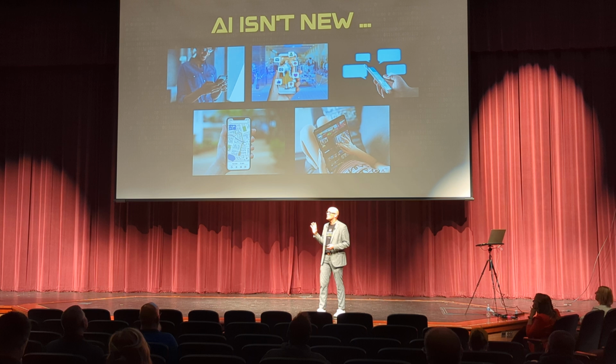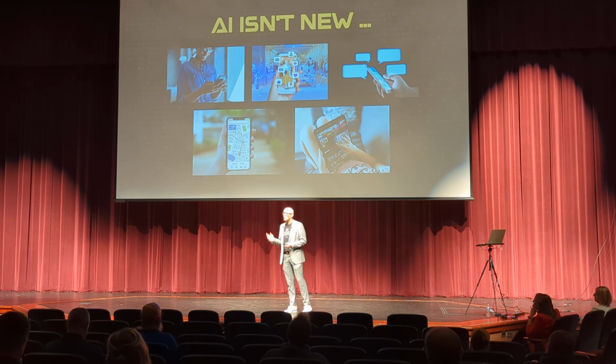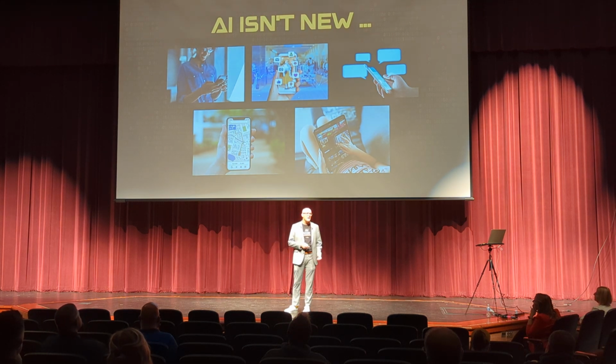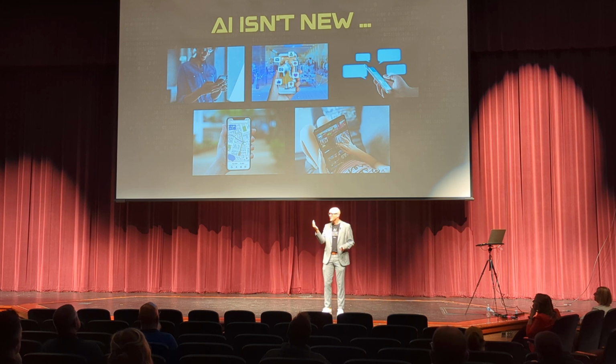But it's also in the recommendations that Netflix makes for you to watch new things, and the recommendations that Amazon makes for new products. So really, it's all over the place. There are artificial intelligent components in lots of things. In fact, whenever you unlock your phone with your face, it's using artificial intelligence to do that too.